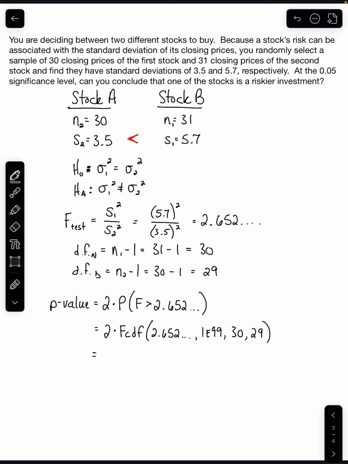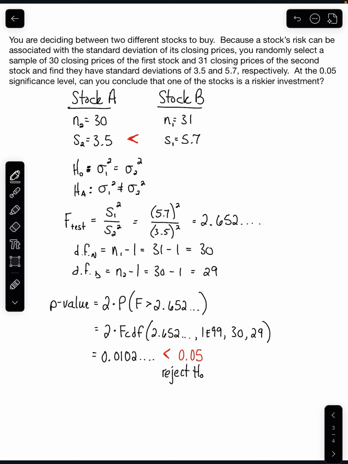And in this case, we get a grand total of 0.0102, etc. And this is definitely less than our alpha value of 0.05. In this case, we would reject the null hypothesis.